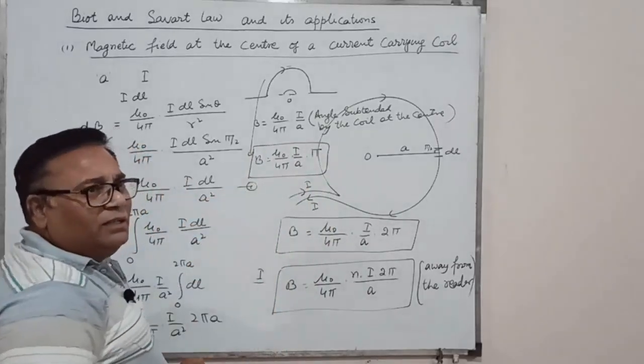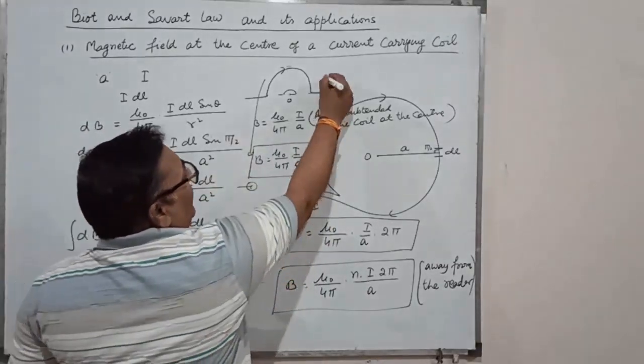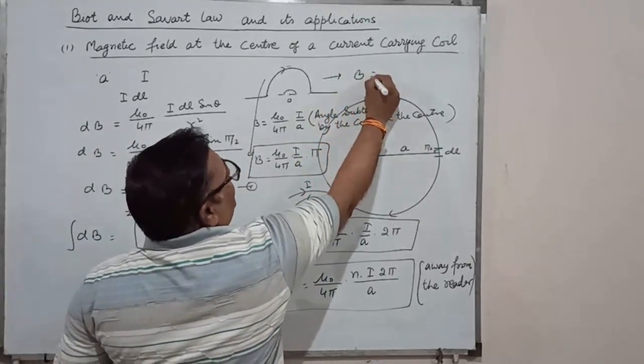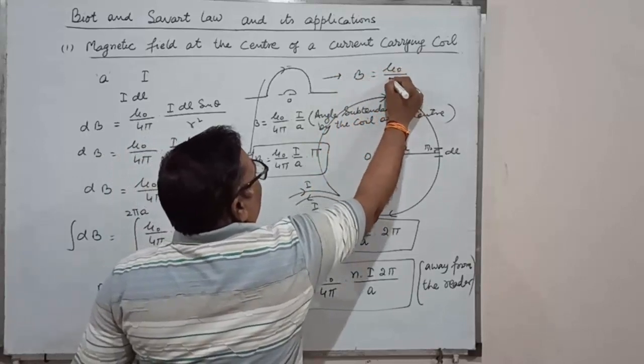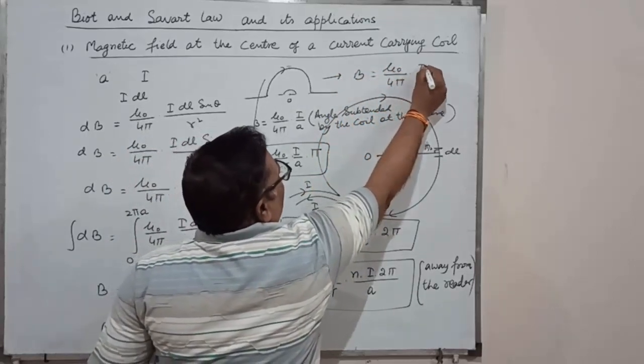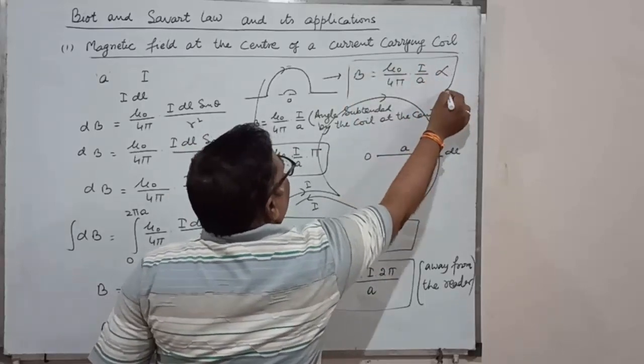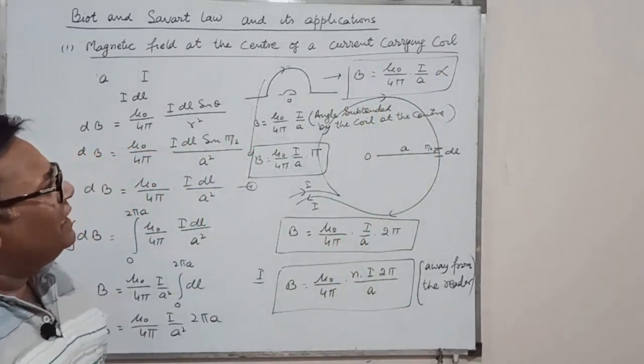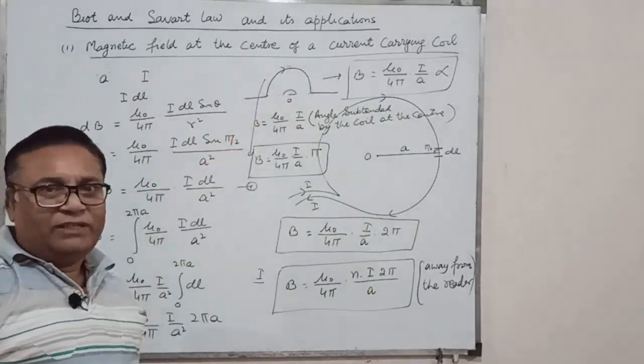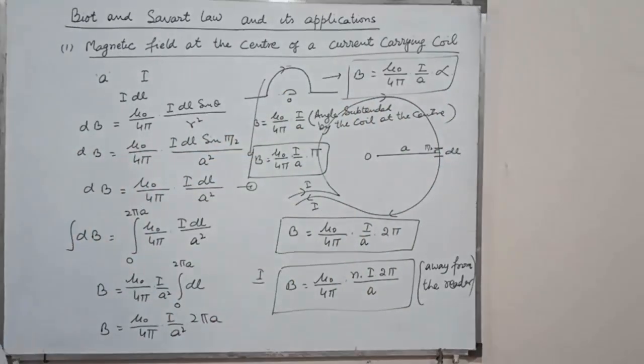Clear? In general, we write this formula B is equal to mu 0 upon 4 pi I upon A into alpha. Alpha is the angle subtended by the coil at its center. Clear? Any doubt? Then next part.